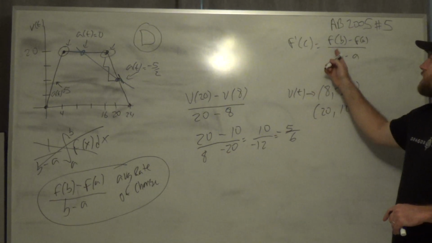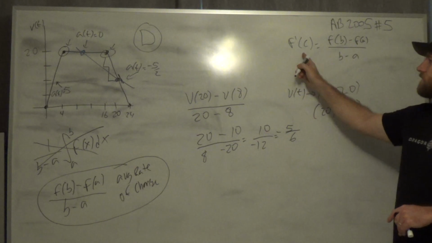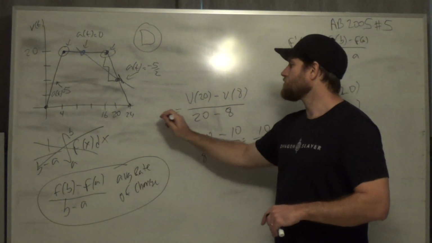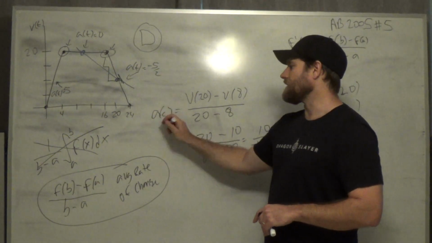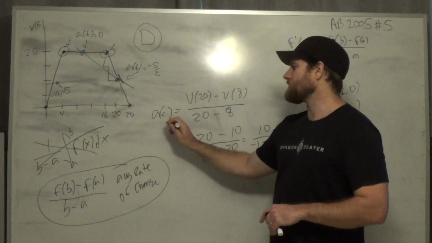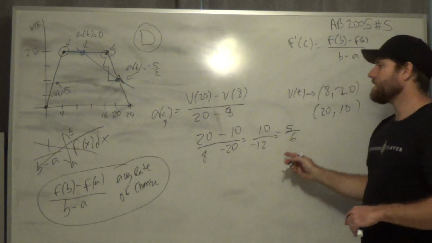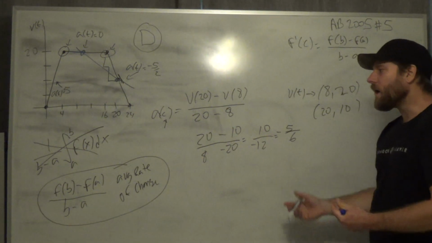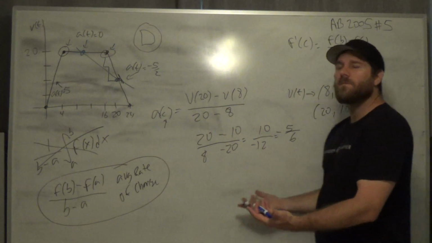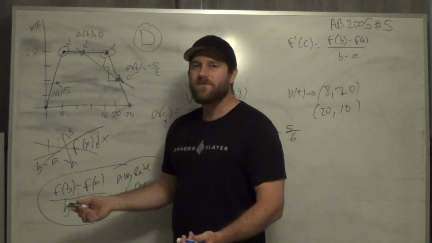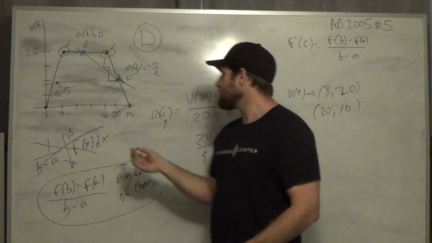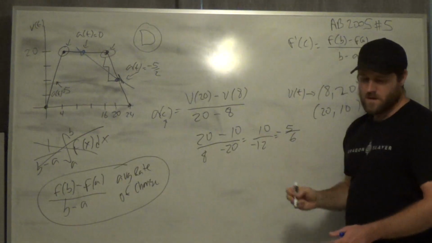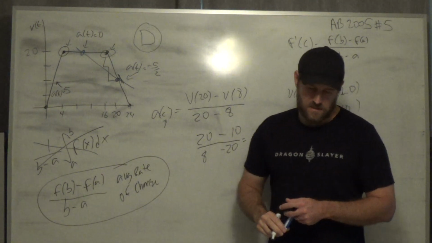So here, if these are velocity, then we need its derivative, acceleration. So are we guaranteed that a of c, the acceleration at some point, will be negative 5 over 6? Well, no, of course we're not guaranteed. Just look at what we had before. We already found acceleration. The acceleration was 5, and then 0, and then negative 5 over 2. The acceleration was never negative 5 over 6.